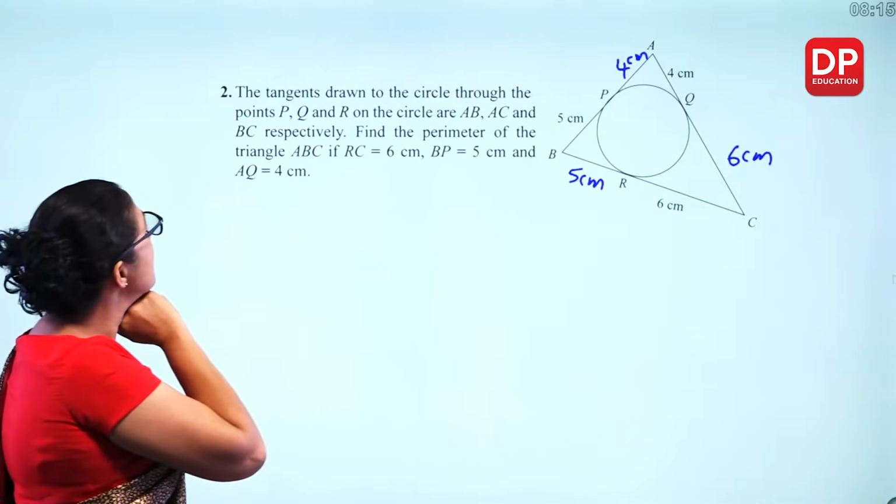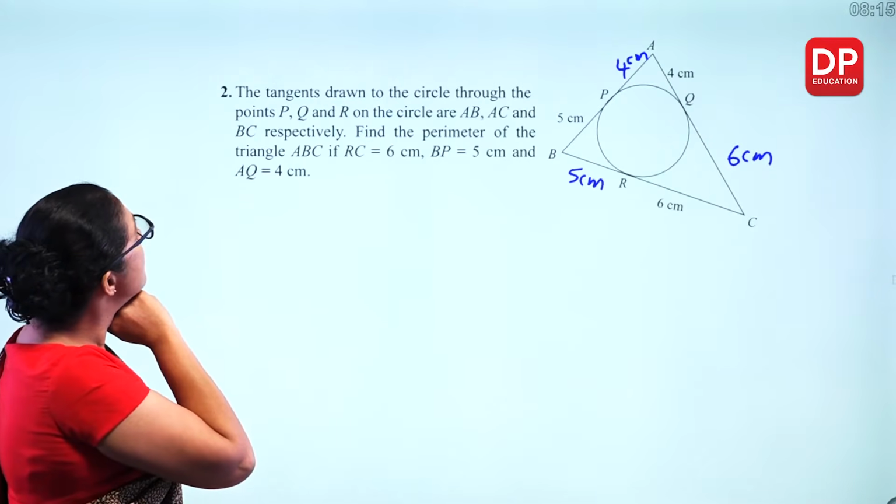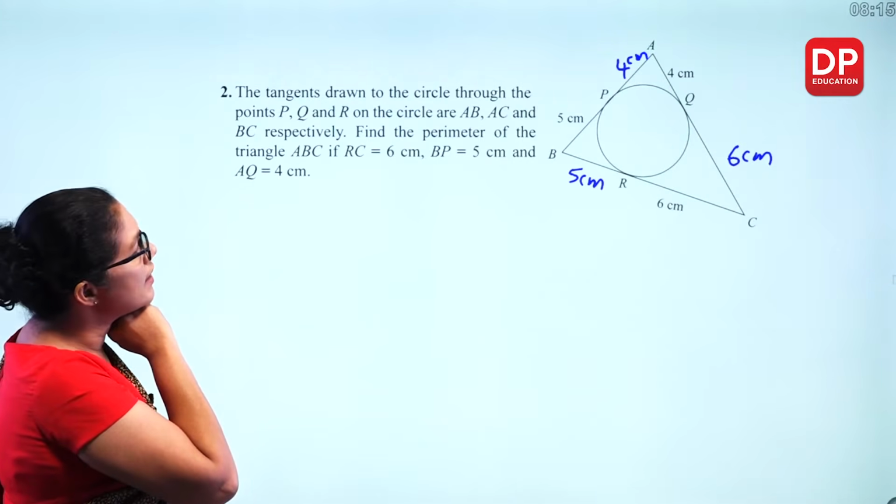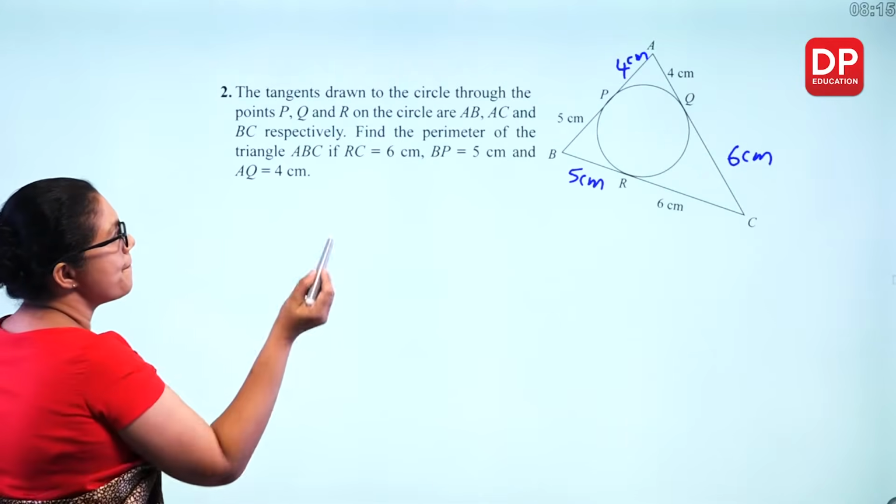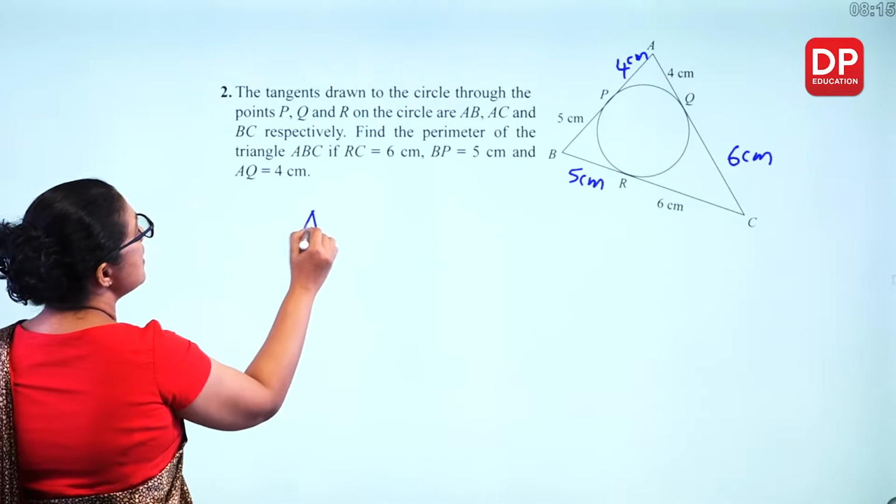So, what they ask? Find the perimeter of the triangle ABC. So, what's the perimeter?